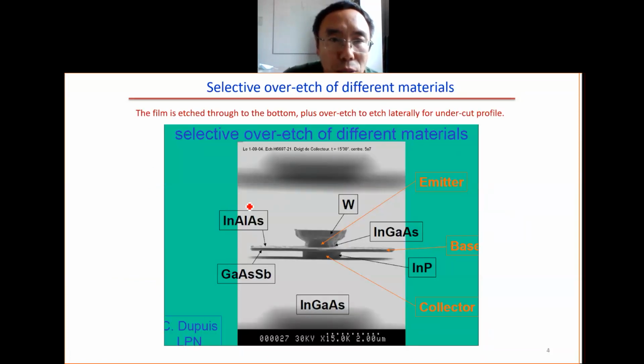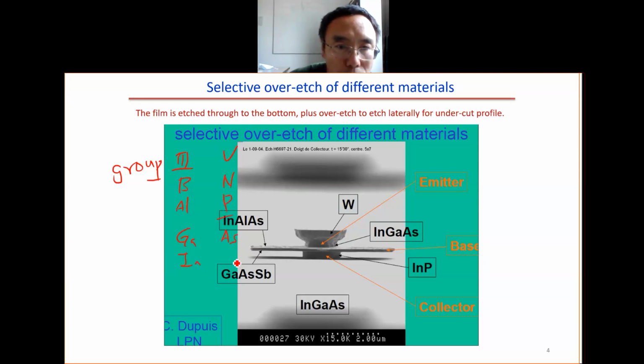In this example, we have group 3 and 5 semiconductor materials. We know group 3 is boron, aluminum, gallium, indium. For group 5, we have those materials. We can see here indium aluminum arsenide.